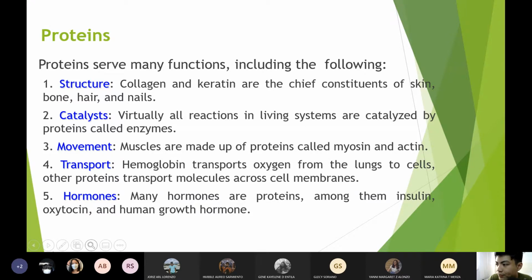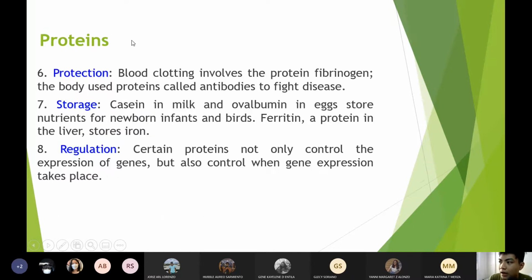So hemoglobin. Proteins are also used for hormones, like in the previous slides, our oxytocin, and later we will have more examples about this. And for protection, proteins are also used for blood clotting, for example.